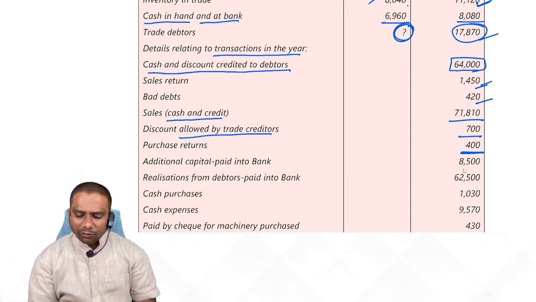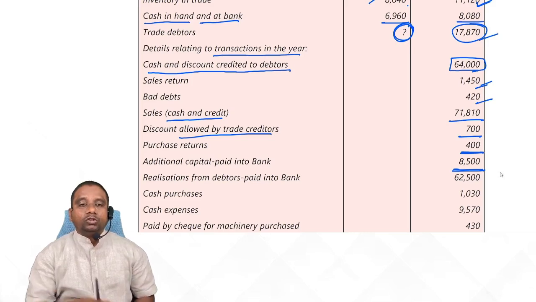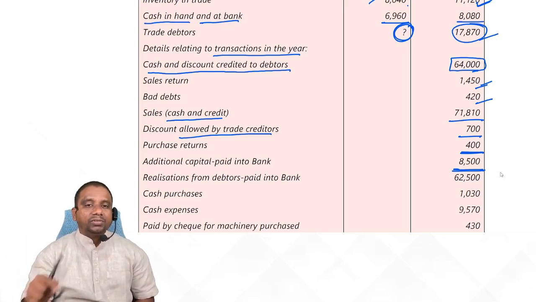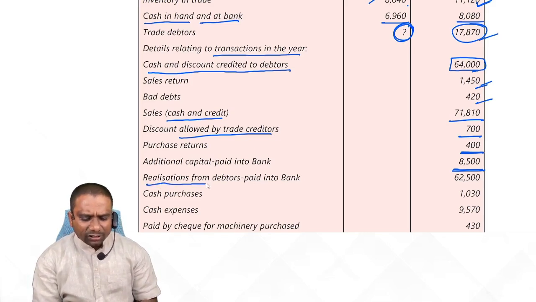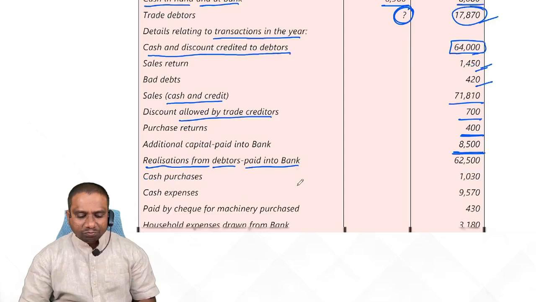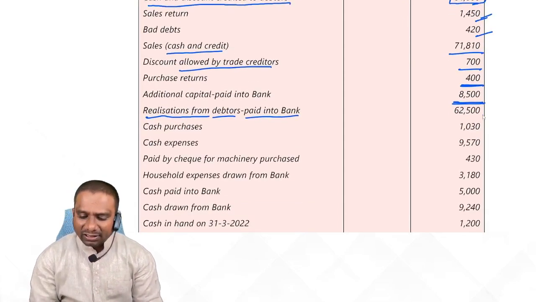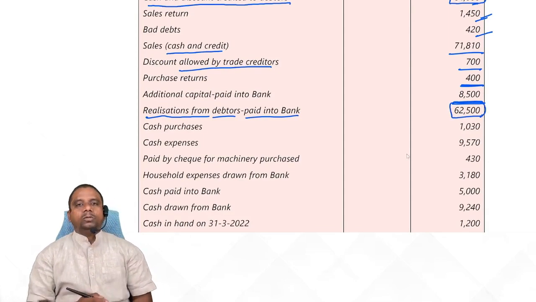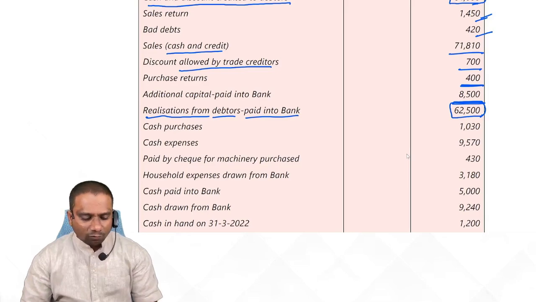Additional capital paid into bank. So closing balance sheet, add to capital amount. Next, realizations from debtors paid into bank. We have paid 62,500 rupees into bank. So debtor account credit side by bank 62,500.